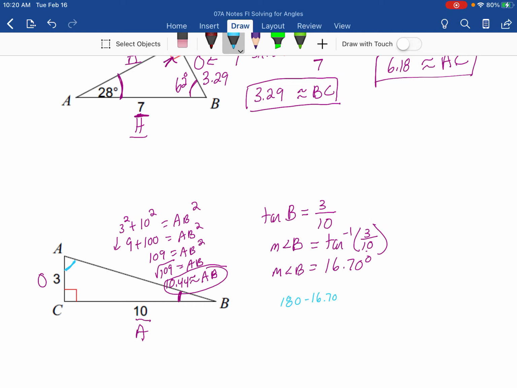Now you can use trig again to find the other angle, or you can subtract from 180, you're still going to get the same thing. So if I do 180 minus 16.70 minus 90, I end up with the measure of angle A. So the measure of angle A is equal to 73.3 degrees.